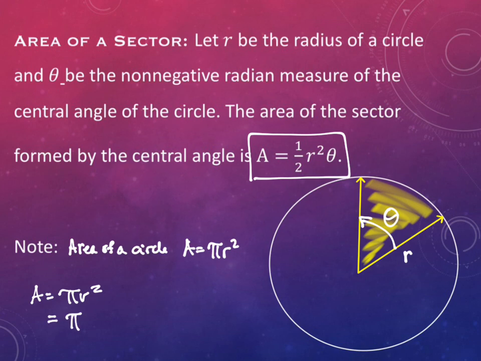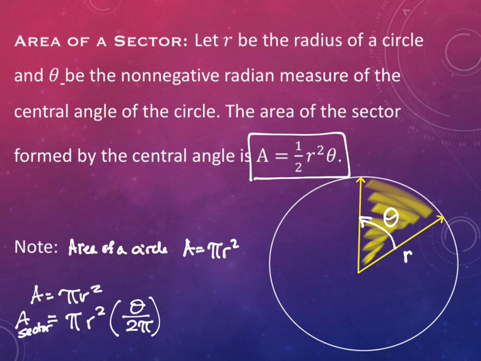But we don't have the whole circle, right? So this is the area of my sector now. So the circle area is multiplied then by theta over 2 pi. This is the percentage or the fraction of the circle that's represented. Theta is our angle measure. 2 pi is the measure of the entire circle if you went all the way around. Like if theta goes all the way around, you'd get 2 pi.